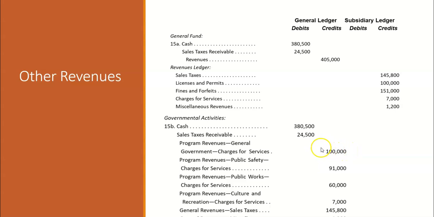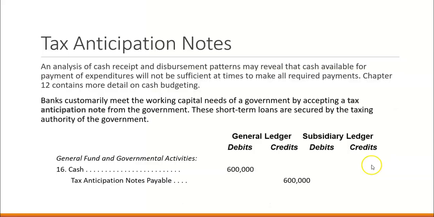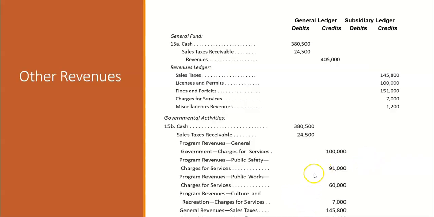So that licenses and permits fund is part of the general government operating activities. You can see different amounts that are split up: fines and forfeits, sales taxes, charges for services, and miscellaneous revenues.